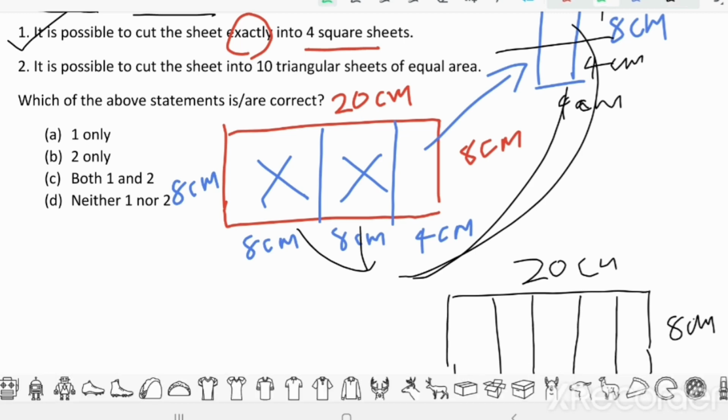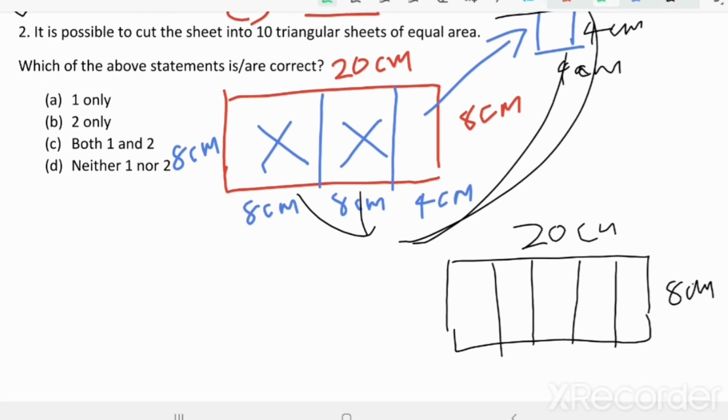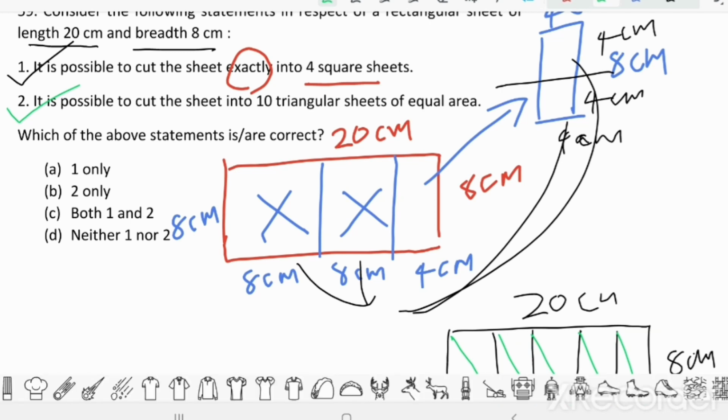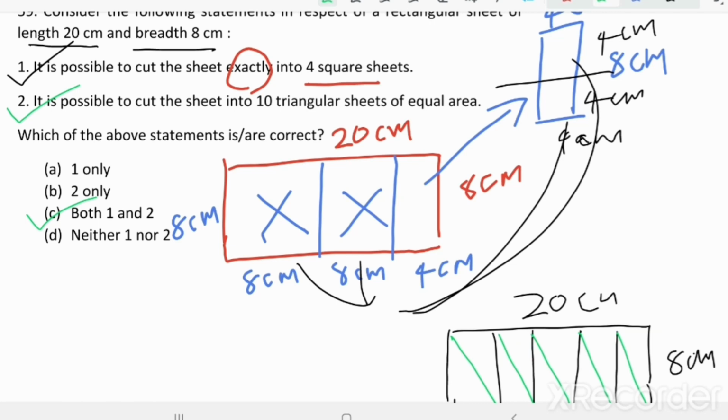Then each sheet we can cut into 2 triangular sheets, and all of them have the same area. So statement 2 is also correct. Our answer is that both statement 1 and statement 2 are correct. Option C is the right answer.